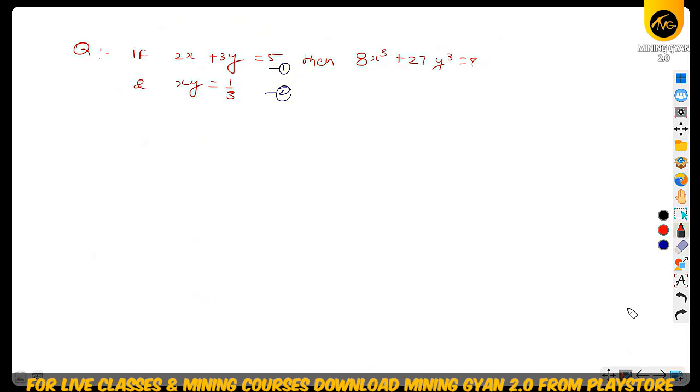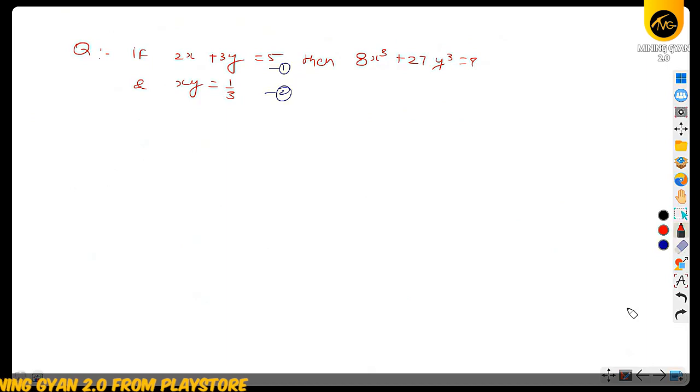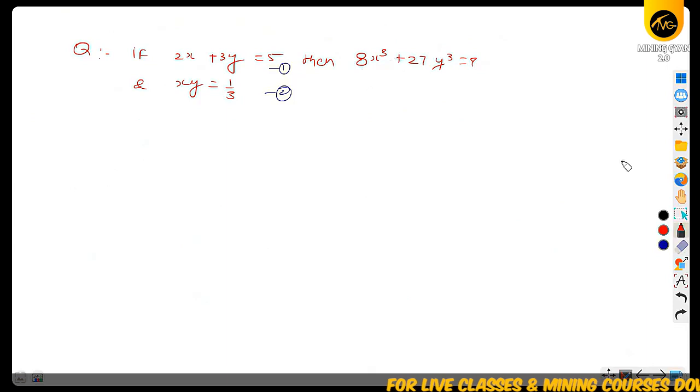Okay, if 2x plus 3y is equal to 5 and xy is equal to 1 divided by 3, then what is the value of 8x cube plus 27y cube? Now in this case, we have to convert equation number 1 and equation number 2 into the cube form to find out the value of the second portion of the question.